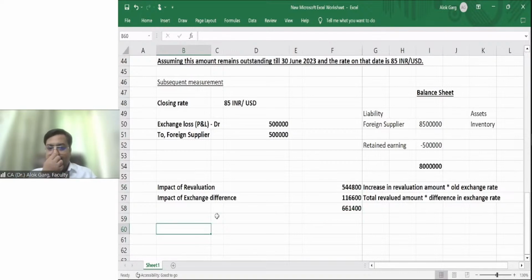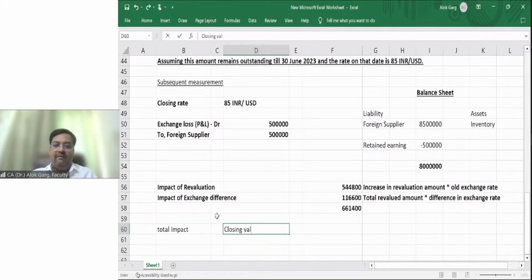The second check: what is the total impact? Closing value minus opening value, the initial recognition, right?